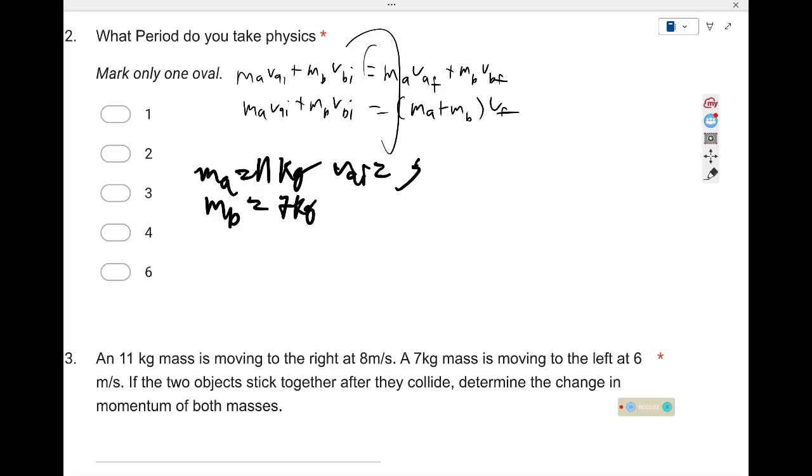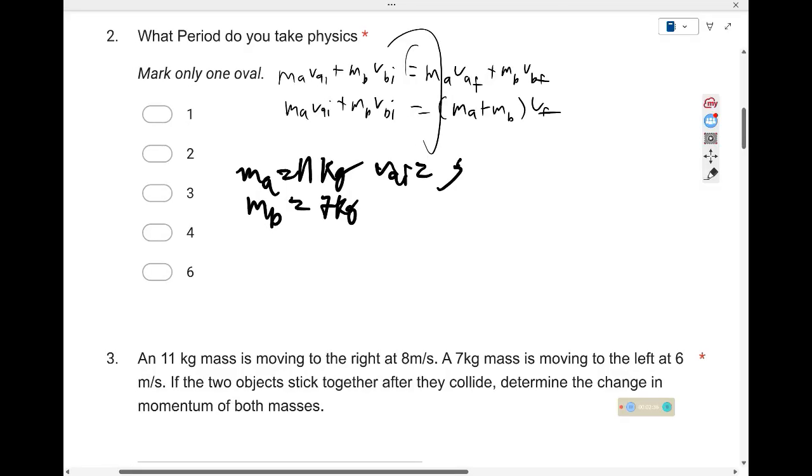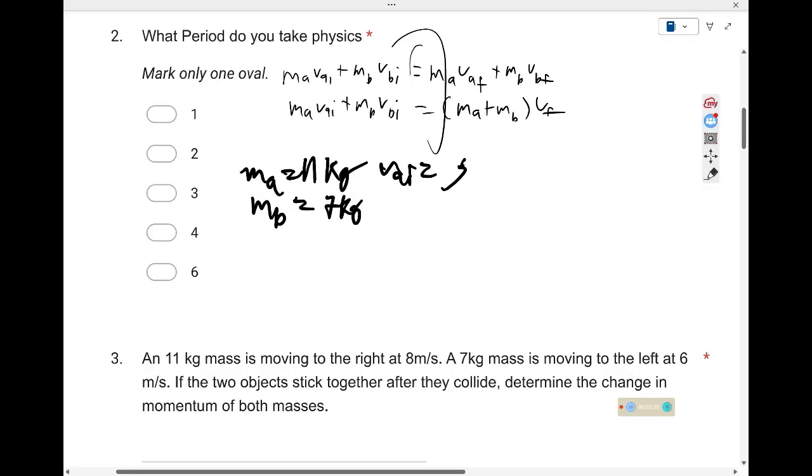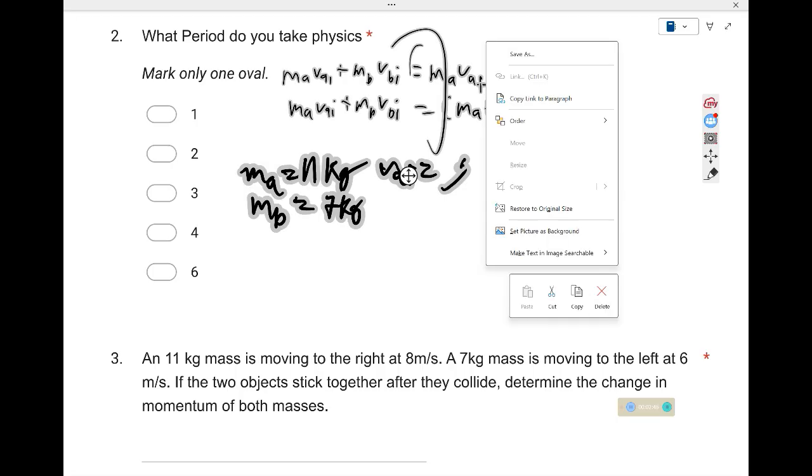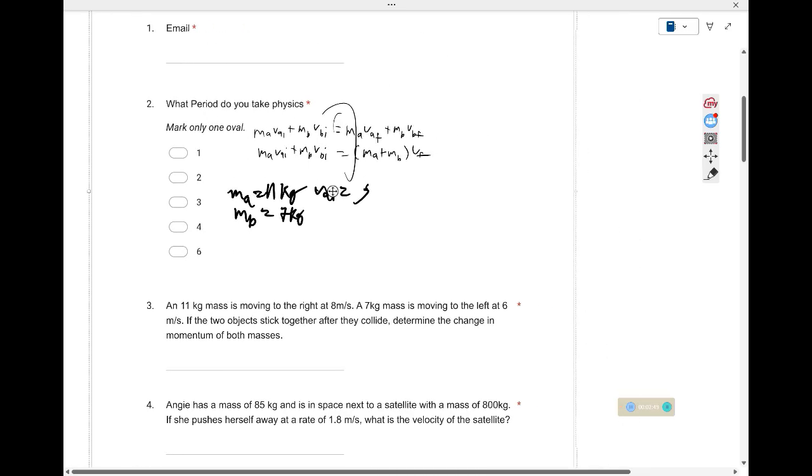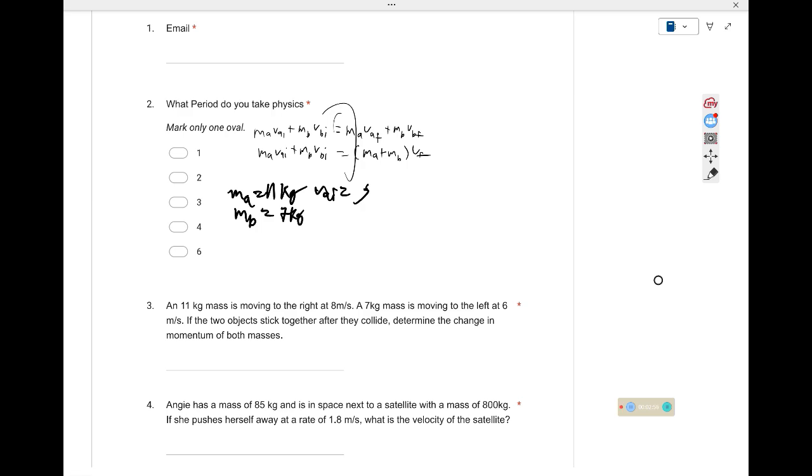Okay, that's fun. So, 8 meters per second, and V sub B sub I is 6 meters per second.